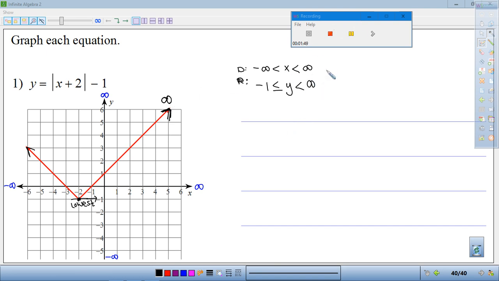Now remember, we have other notations we could use as well. For example, this first one with domain could have also been written as negative infinity, comma infinity. That is interval notation. I also could have said all real numbers.